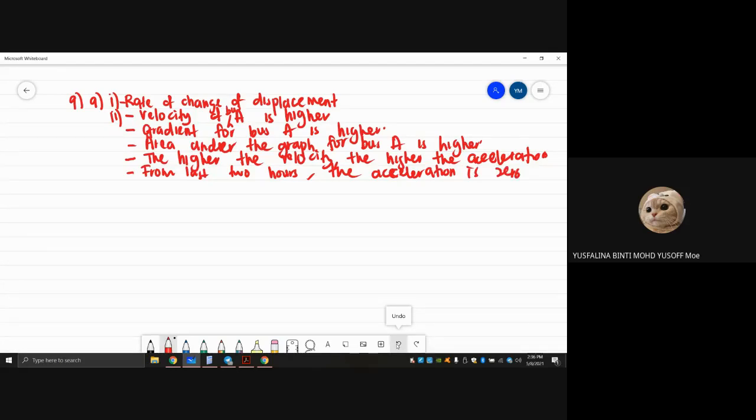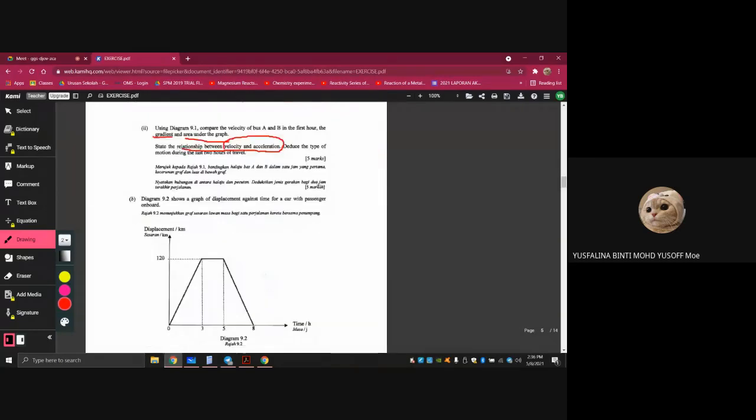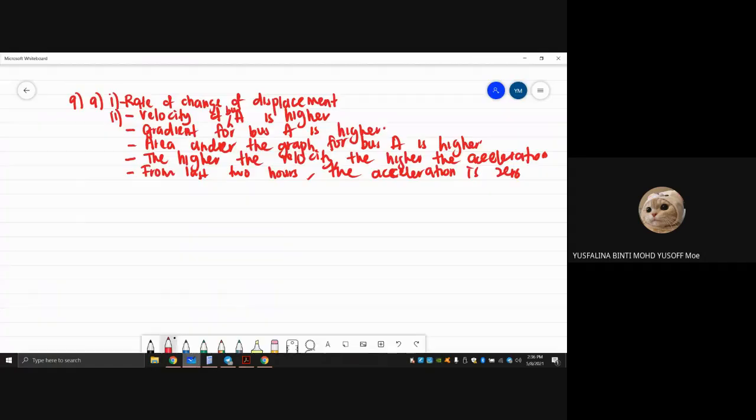So you can see here, there are 5 marks here, right? So 5 marks here means when you answer every point, 1 point is for 1 mark. So it's easy for the teacher to see your answer, and of course, your work will be neat. Okay. So 5 answers.